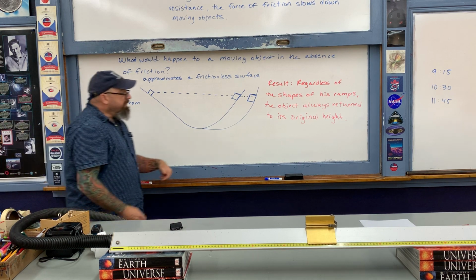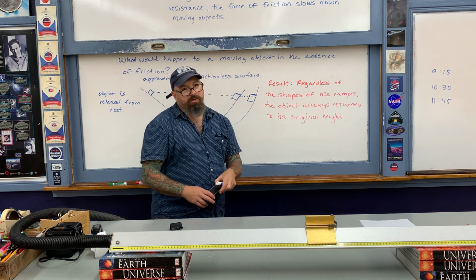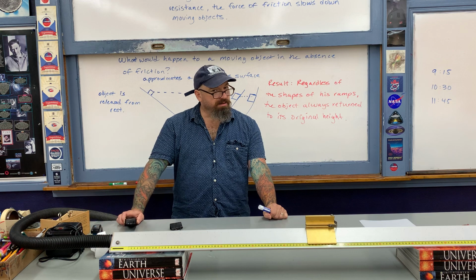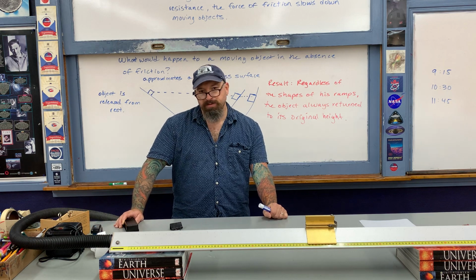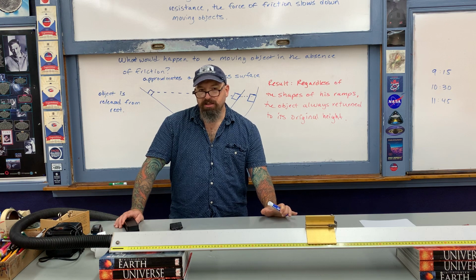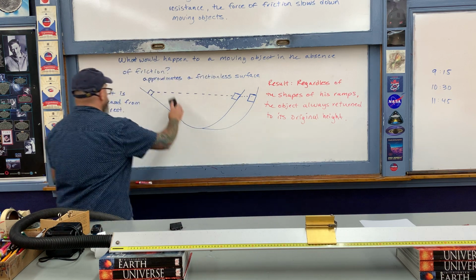Now Galileo didn't understand why the object would always seem to want to return to its original height. Our full understanding of that didn't come until well after Galileo's death. However, Galileo realized that his experimental result had an implication. Let me do some erasing.